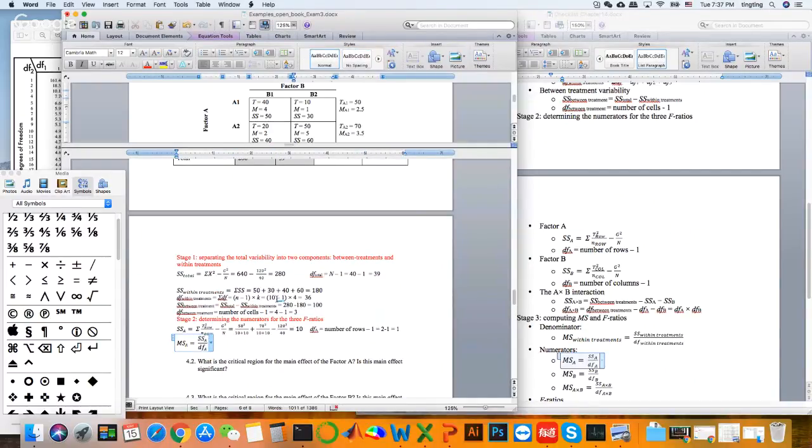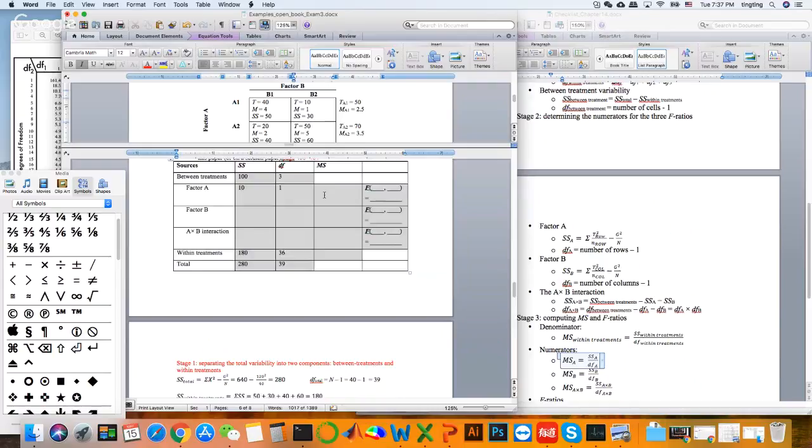And MSA equals to the SSA divided by the DFA, which is just equals to 10.